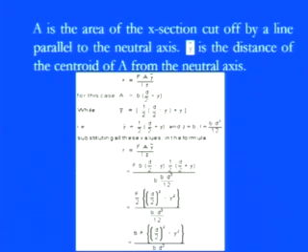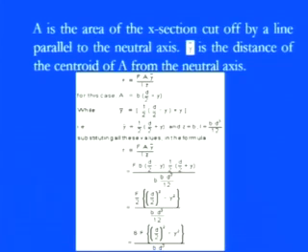So the total height is y plus d by 2 minus y, and if we divide by 2, we get the exact location of the centroid. So y bar is equal to d by 2 minus y plus y, divided by 2. If you manipulate this, the distance of the centroid to the neutral axis y bar is equal to half of d by 2 plus y.